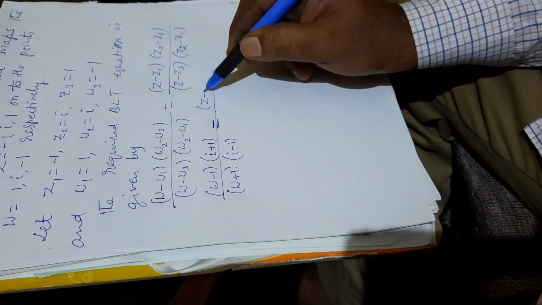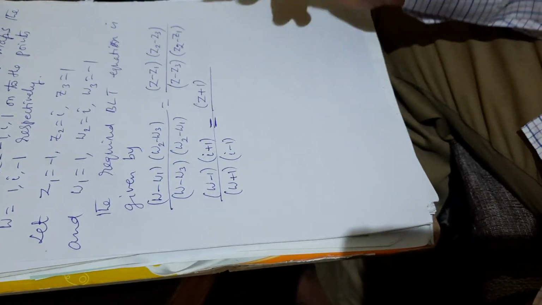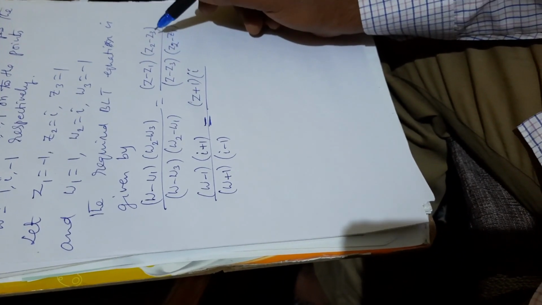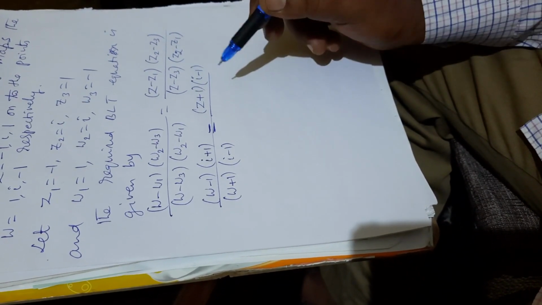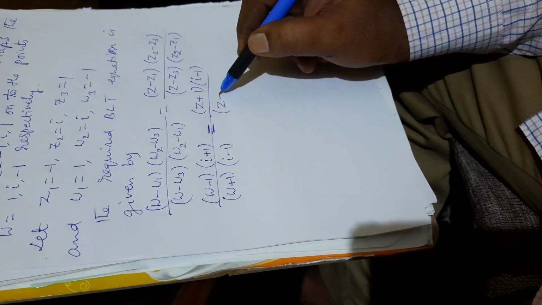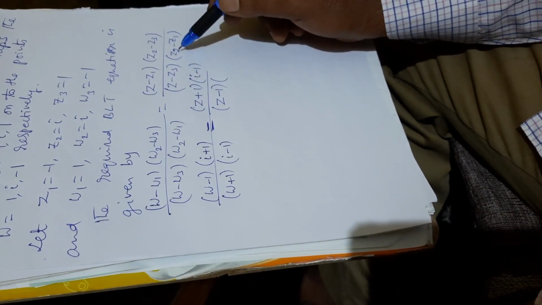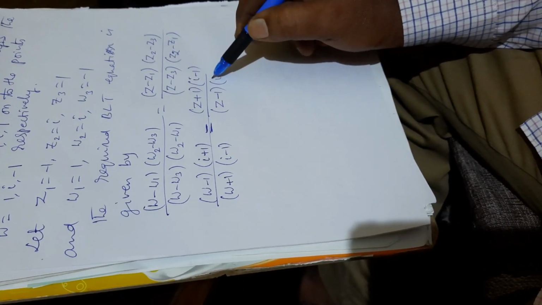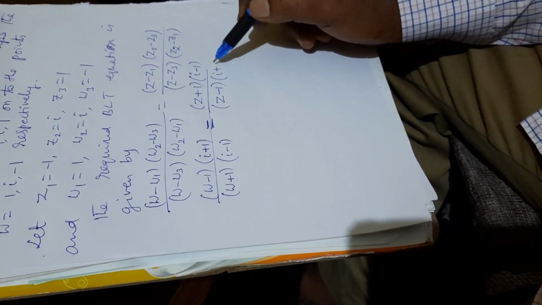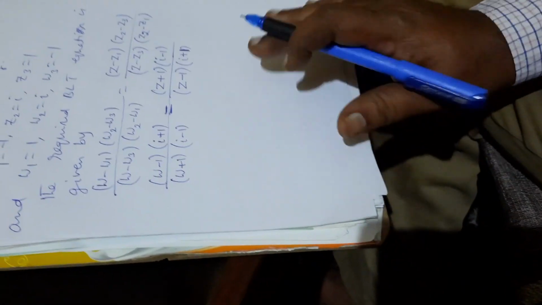Z minus Z1 is z plus 1, right? Minus into minus plus 1. Z2 minus Z3 is I minus 1. Z minus Z3 is z minus 1. Next further Z2 is I, minus Z1 is plus 1. This is the substitution.